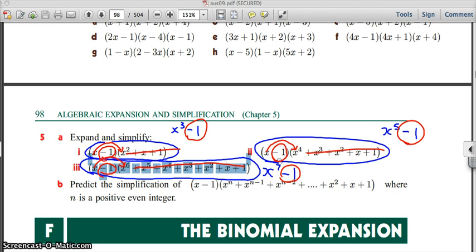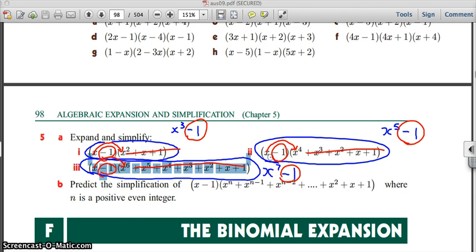So the constant, which is the number on its own, forms part of your answer. Okay? And you've been able to work out that the power is one more than the power that's in the original question as part of that second bracket. All right?